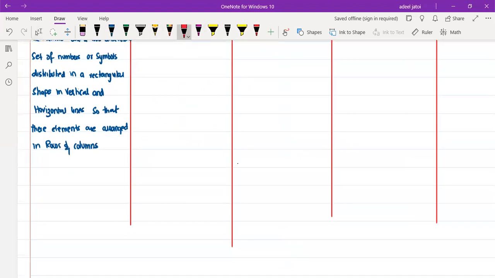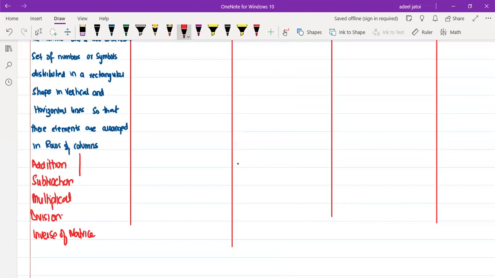Now, most importantly, what do we follow with matrices? We have addition, subtraction, multiplication, division, inverse of matrix.